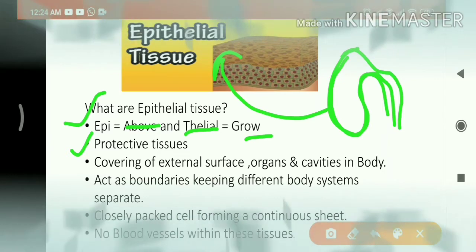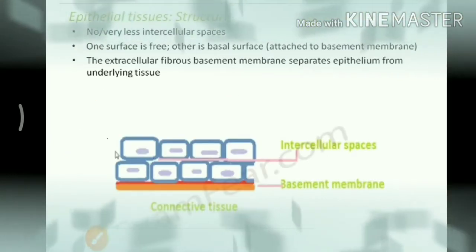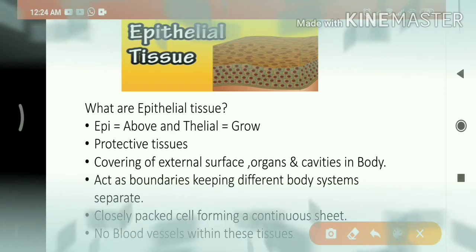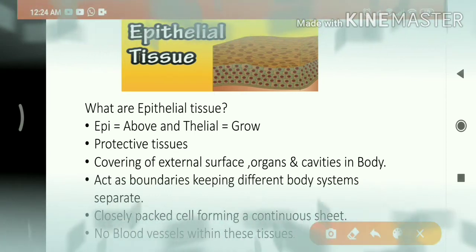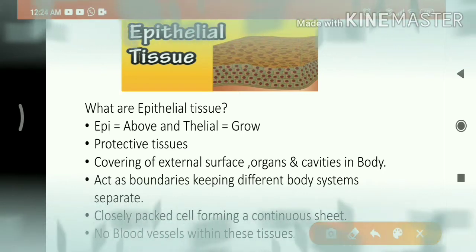When you draw the kidney, the green-colored outline is made up of epithelial tissue. So epi means above, thelial means grow. These cells grow above every organ. The first layer is the epithelial tissue.